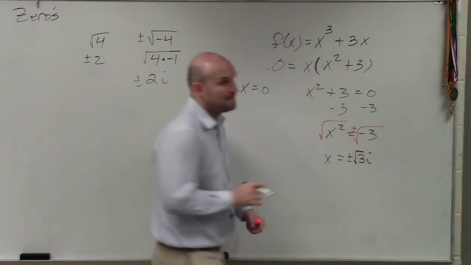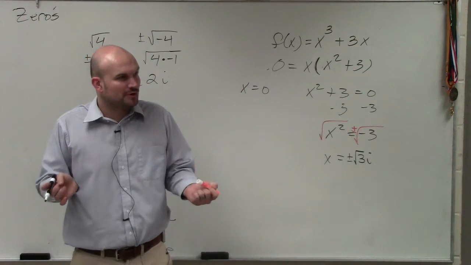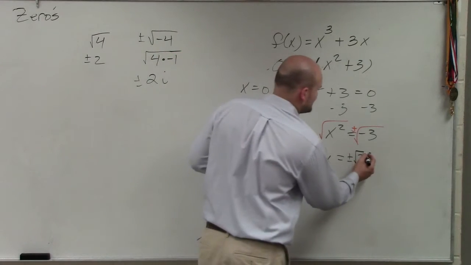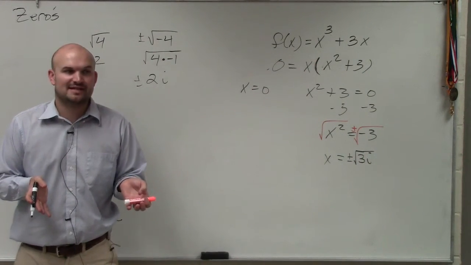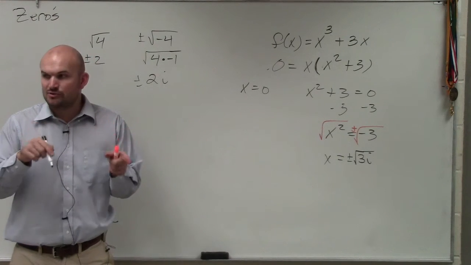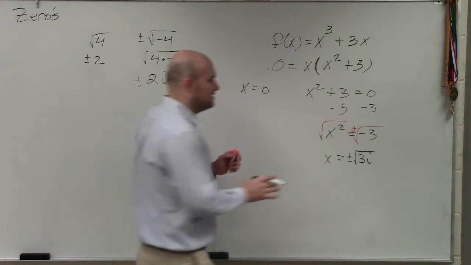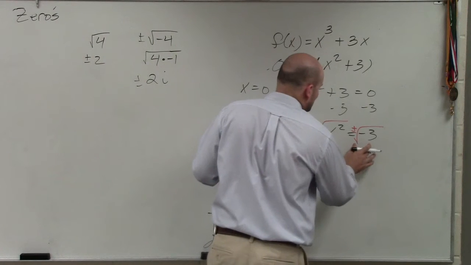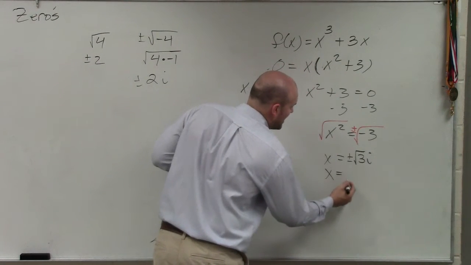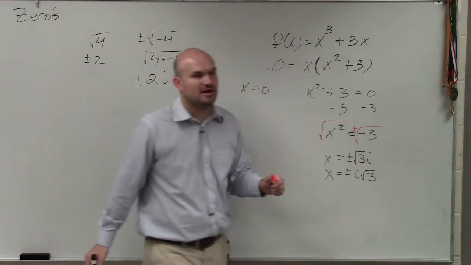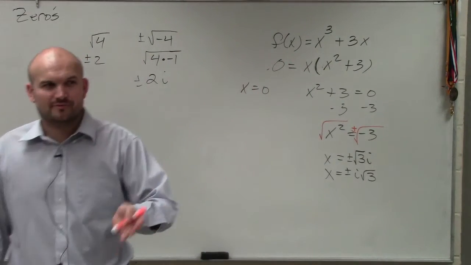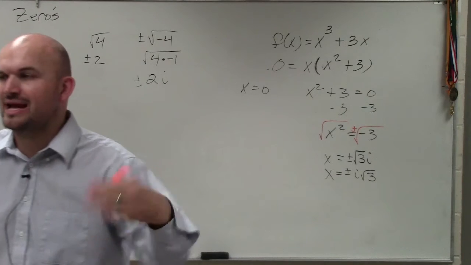square root of 3 i. Now, when we're dealing with square roots, students often make the mistake of writing it with the i under the radical, which is totally different, right? That's now saying the square root of 3i, the square root of 3 times i. So to avoid that mistake, it's probably better to write the i in front of your number. You guys are familiar with, we don't write x3, we write 3x, right?